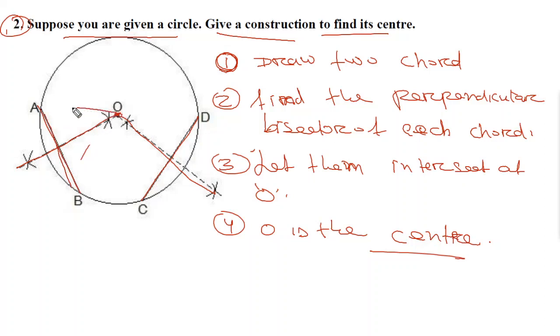Therefore, O is equidistant from A and B. Similarly, O is equidistant from C and D. Therefore, taking O as the center and OA or OB or OC or OD as the radius, we can draw the circle. So these are the steps through which you can find the center of the circle.